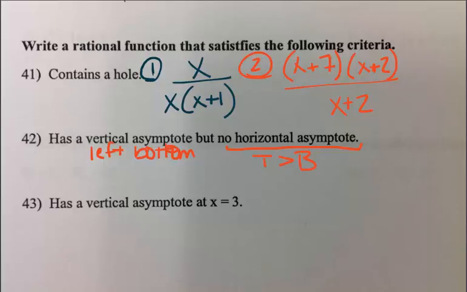So here's a couple of examples. How about x cubed plus 2 over x plus 7. Okay? The degree on top is bigger than the degree on bottom. And there's something left over in the bottom. Okay? I would have a vertical asymptote at x equals negative 7. Okay, that would work. And let's see, here's another one.